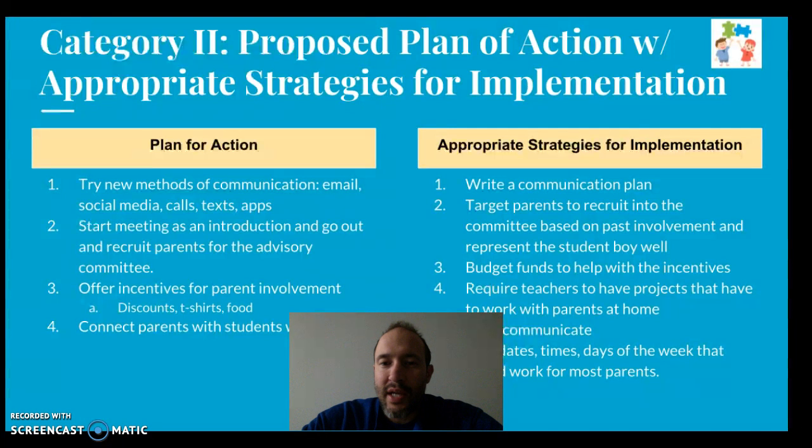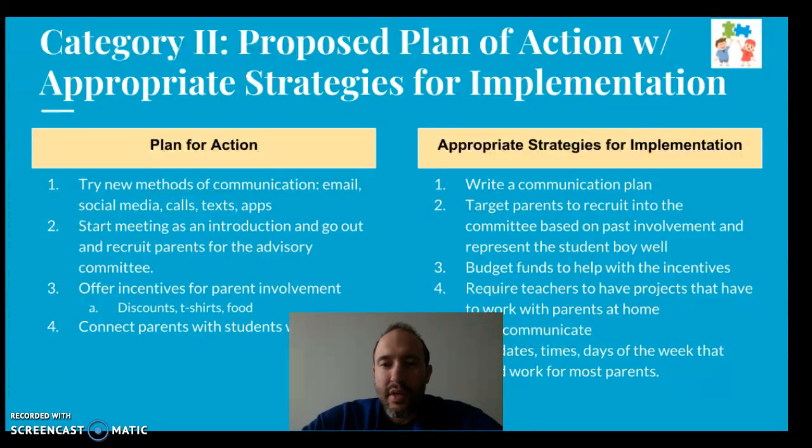So first step is write a communication plan. How are we going to communicate with parents? How often are we going to communicate with parents? And who's going to do it? And have a plan and try to stick with that plan. Secondly, target parents to recruit based on past involvement that represent the student body well.